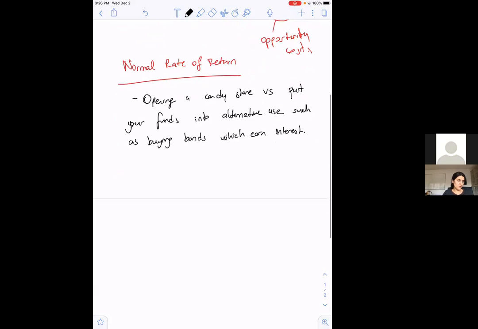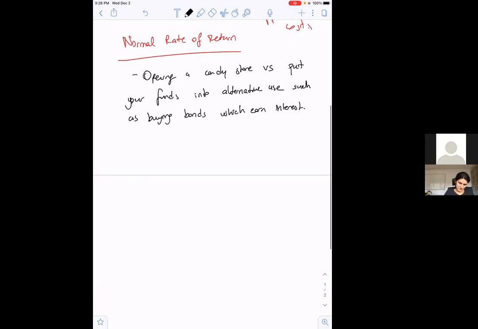Or a firm, instead of using its retained earnings to build a new plant, it could earn interest on them. Okay, so what is the rate of return?